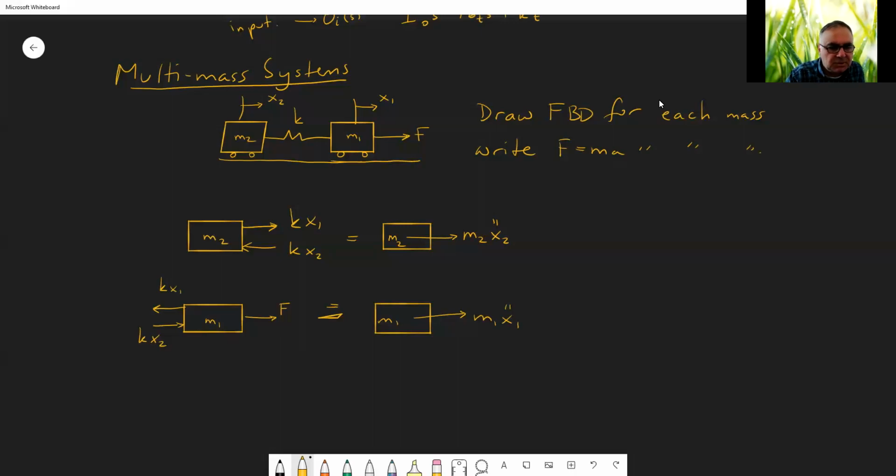So the summation of forces is k(x1 minus x2) is equal to M2 x2 double dot. And here you have k(x2 minus x1) plus f(t) is M1 x1 double dot.